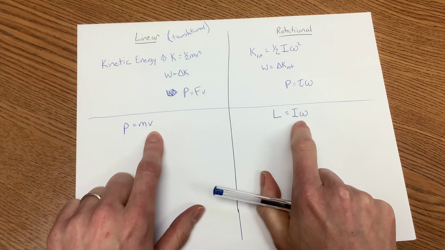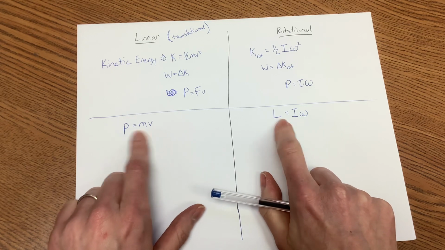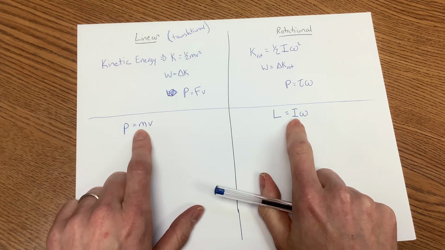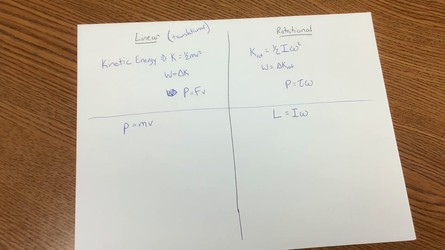And so this one is easy to see. Now that you're really good at plugging in those rotational equivalents into their right places, it should be pretty easy.